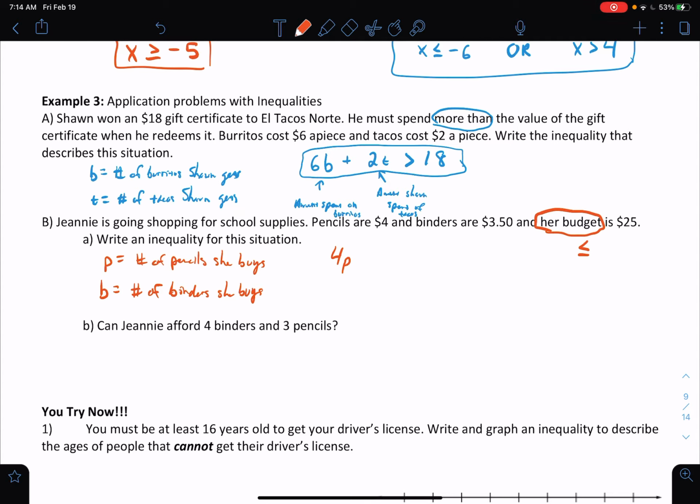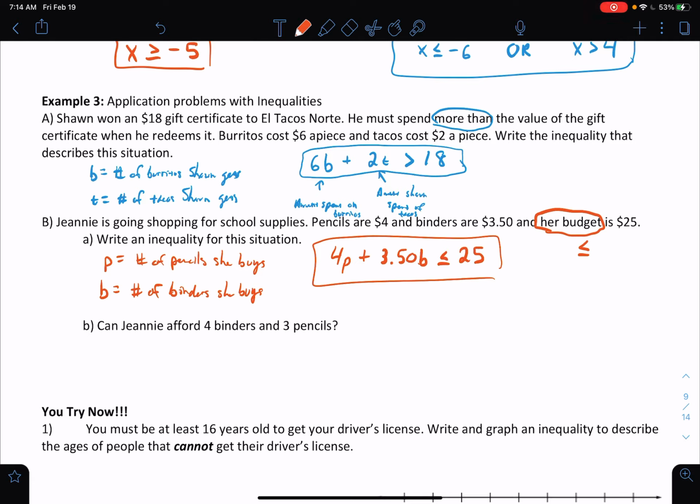Binders are $3.50 each, so the amount she spends on binders is 3.50B. If I add those two amounts together, that must be less than or equal to her budget, which is 25.